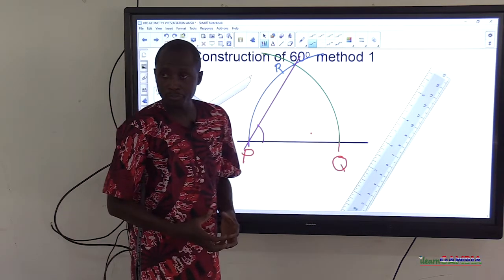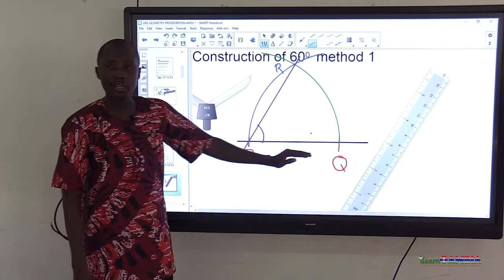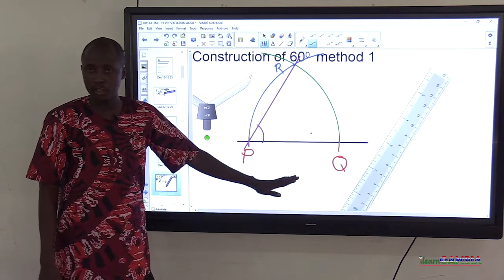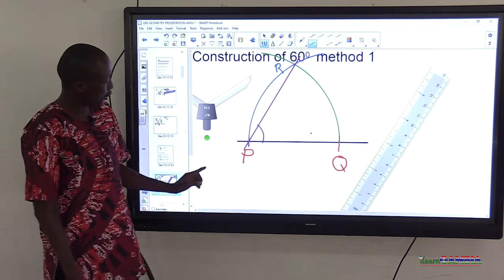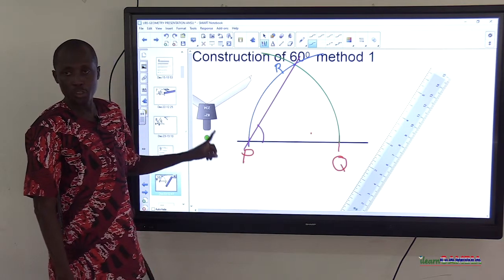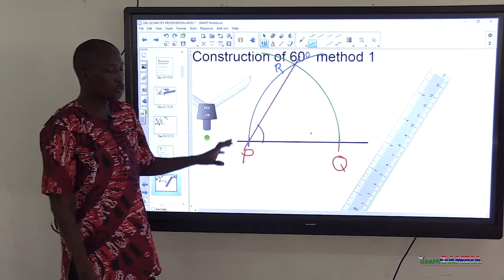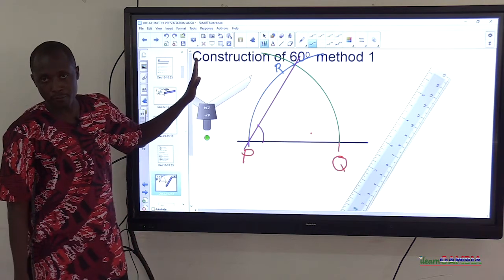What did we do? First, you draw your straight edge, or draw one arm of the angle that we are supposed to construct. Stand at P, which is one point of the arm. Open to the radius PQ, you draw an arc above.